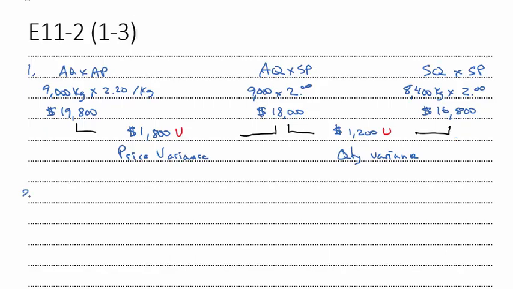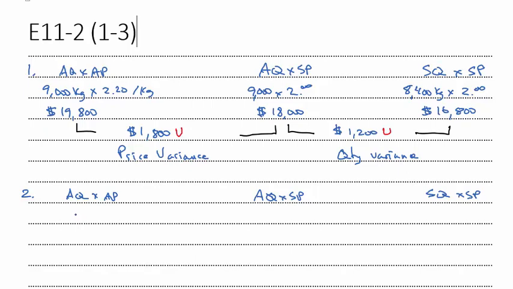Number 2 was the direct labor rate and efficiency variances for the month. So again, AQ times AP, AQ times SP, SQ times SP.